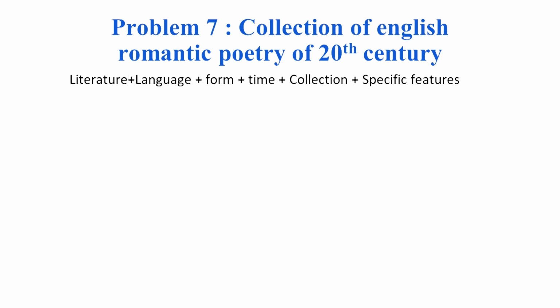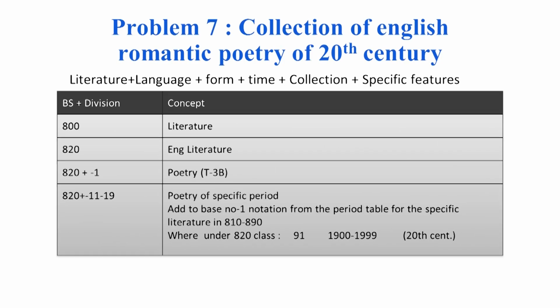A collection of English romantic poetry only of the 20th century. In that document the poetry has been collected, it is the romantic type of poetry, and that poetry belongs only to the 20th century.